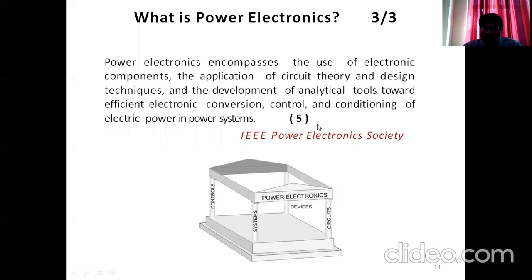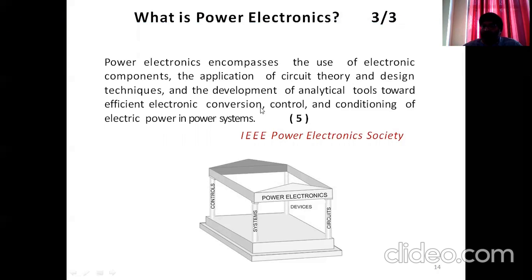Last definition: power electronics encompasses the use of electronic components and the application of circuit theory. Yes, we apply circuit theory. We use electronic components like semiconductor devices, inductance or capacitance. We use circuit theory and design techniques and the development of analytical tools towards efficient electronic conversion.